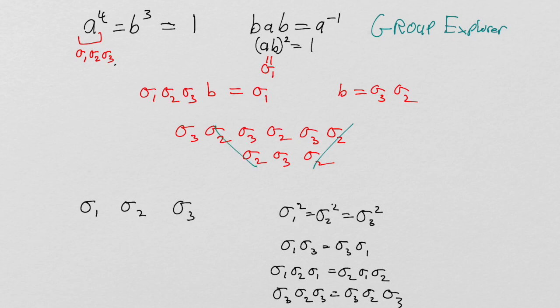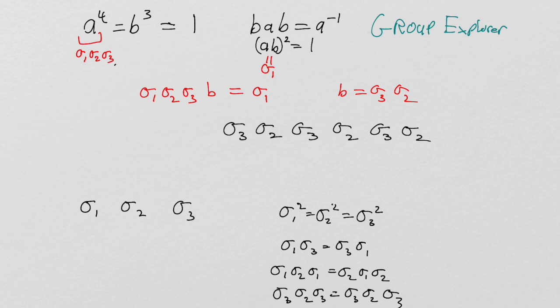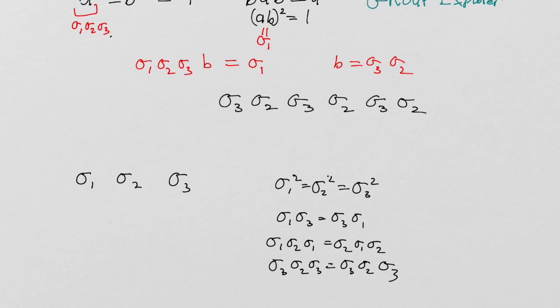And what happens next? The way I drew this was just bound to cause confusion, so let me do this again. Okay, so sigma 3, sigma 2, sigma 3, sigma 2, sigma 3, sigma 2. We take these and we replace it with sigma 3, sigma 2, sigma 3. Oh, this is written incorrectly.